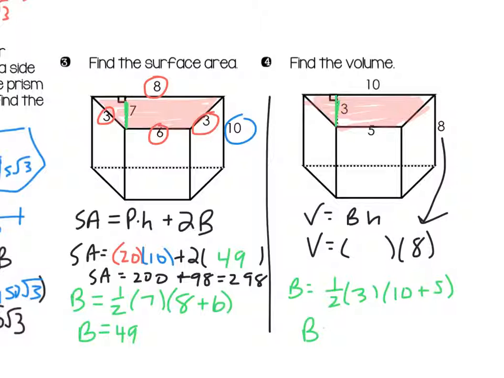And this one is going to give me a decimal, or you could leave it as a fraction. So we get 45 divided by 2, so 22.5. And that times 8 is going to give me a volume of 180.